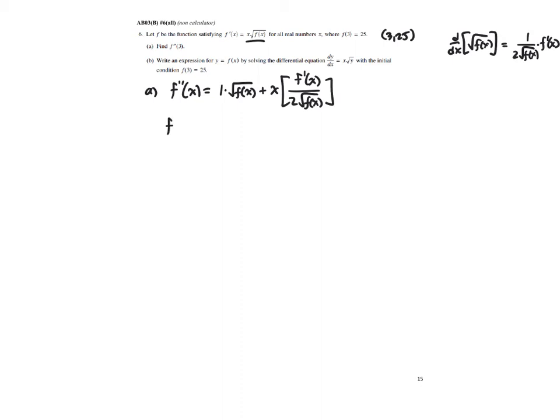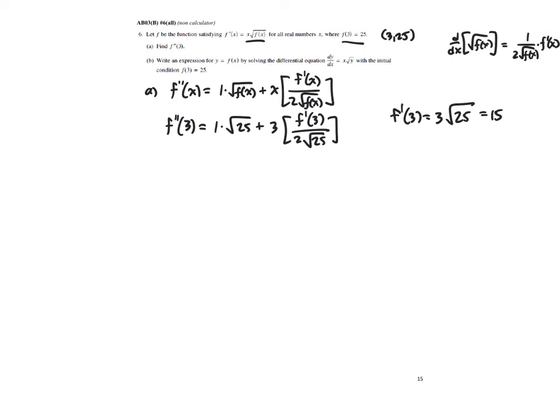Let's find f double prime at 3. That'll be 1 times the square root of f of 3. Oh, convenient. Look at that. That'll be a 25 plus x, which is 3, times f prime at 3 over 2 times the square root of f of x, which again is going to be 25. So I got to find f prime at 3. F prime at 3 is based on the original function. That'll be 3 times the square root of 25, which will be 15.